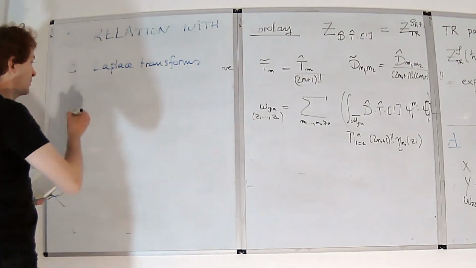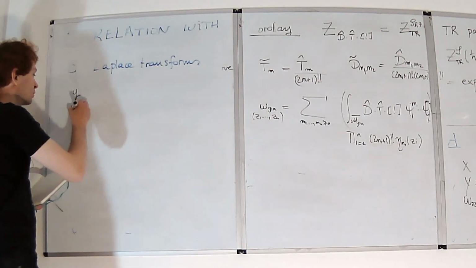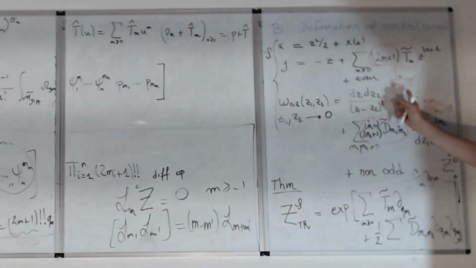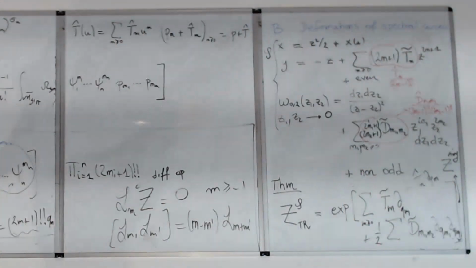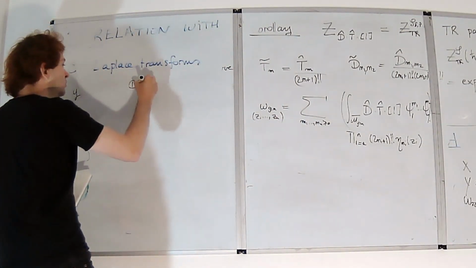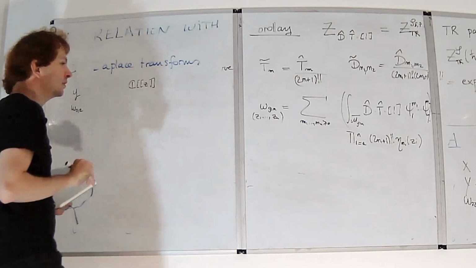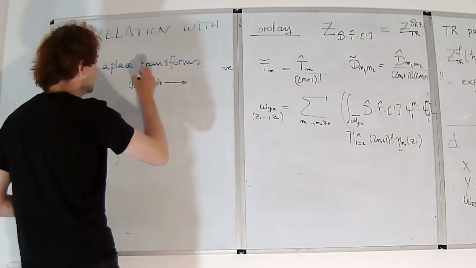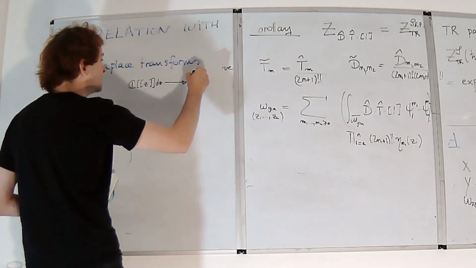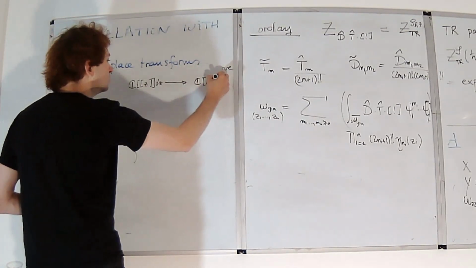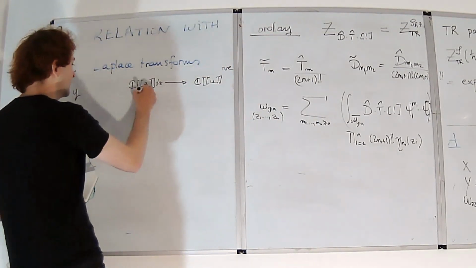So we have two things. If we have y and omega 0,2, we see that in order to get the t hat, for example, we have to get rid of these factors. So we want to introduce a linear map which goes from formal series like this, so I'm actually going to put dz, and goes to C of u, and that is taking z.